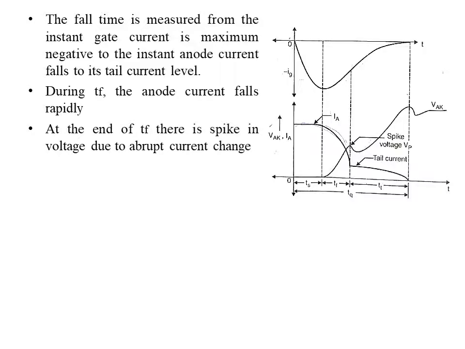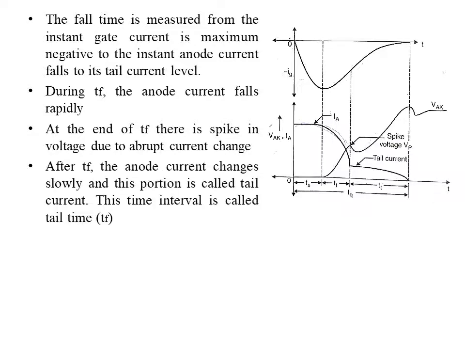At the end of fall time, that is TF, there is a spike in voltage due to abrupt current change. That is, instantly the current gets changed, due to which there is a spike in voltage after the end of fall time TF.